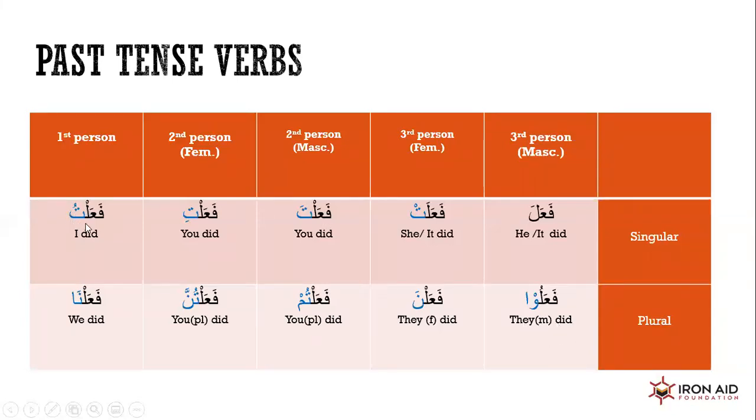If we put khalaqtu and follow this pattern, fa'altu, then it would mean I created. And khalaqna would mean we created. Okay, so you can take any three-letter simple verb and you can put it into this template and it will give you these different meanings.